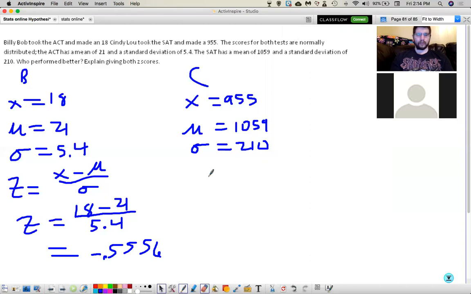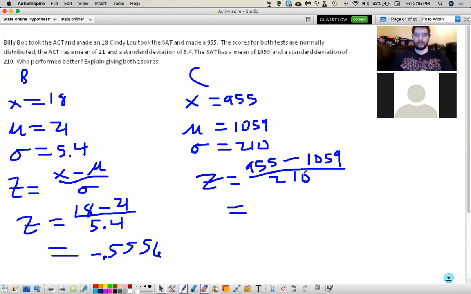Let's see what Cindy Lou Who did over here. So 955 minus 1059 over 210. On the quizzes, you just got it right or wrong because I'm not going to go through and check partial credit on the quizzes, but on the tests, I will do partial credit.